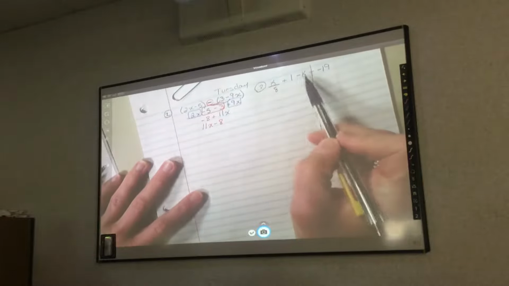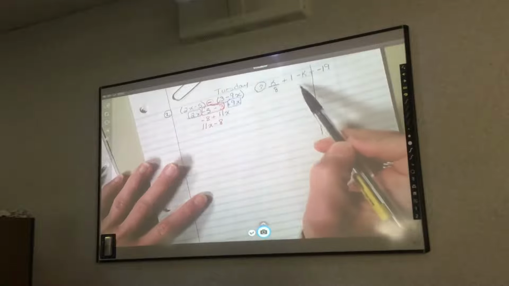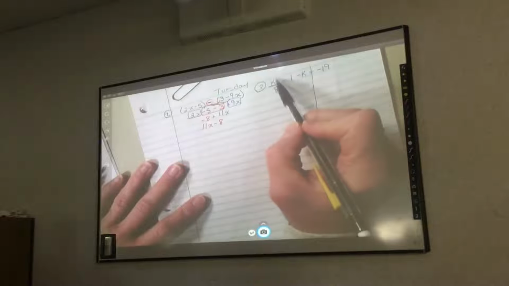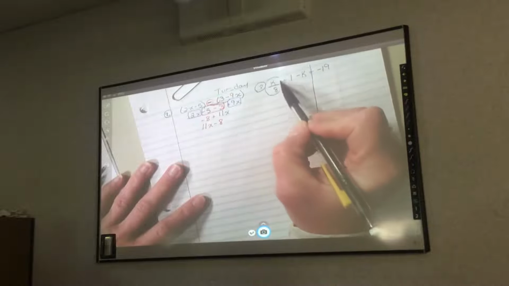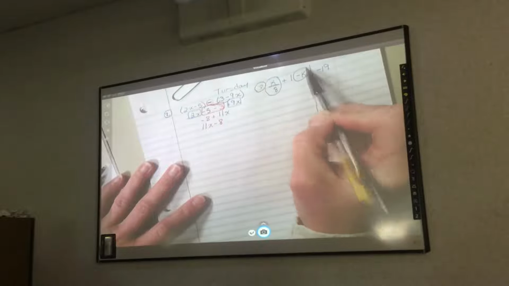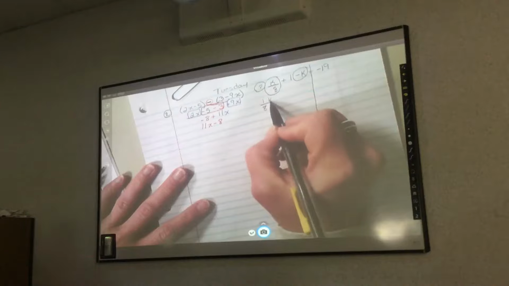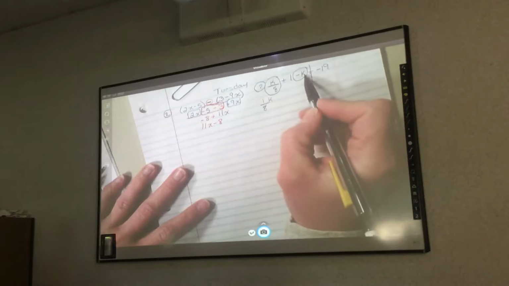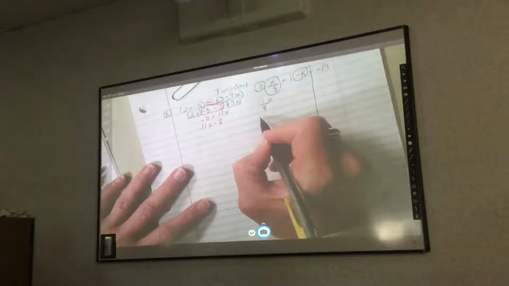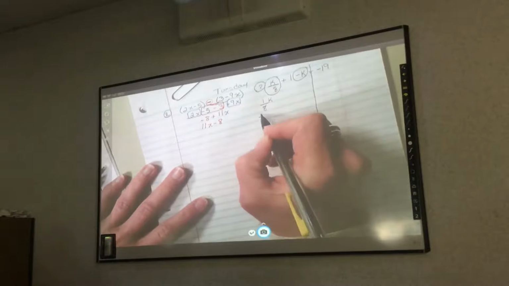Now, I have some things alike on the same side of the equal sign, so I need to do what with these two things? Combine them. This k over 8 is really like saying 1/8 k, right? And a negative k would be like a negative 1 whole.